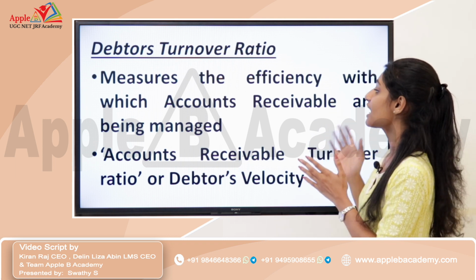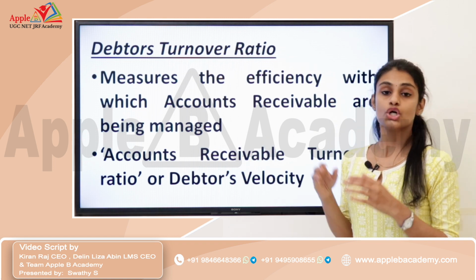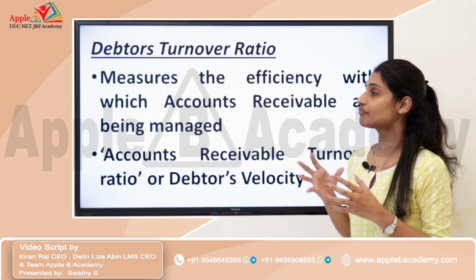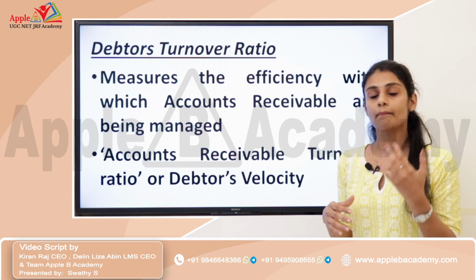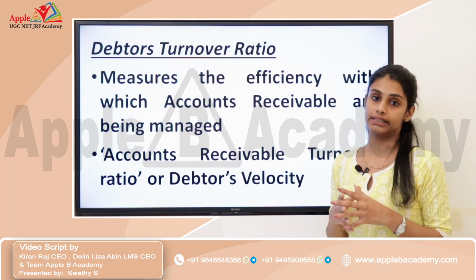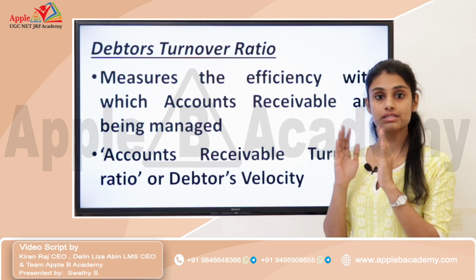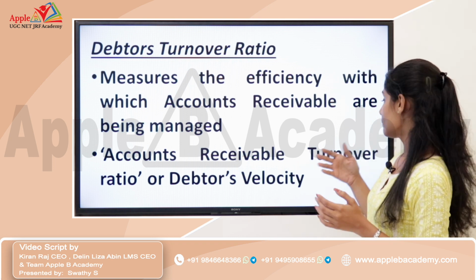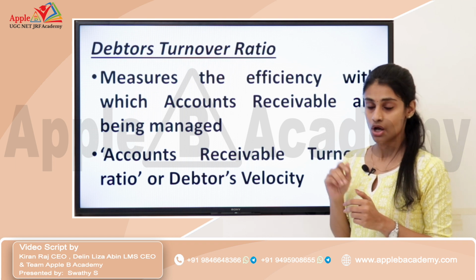It measures the efficiency with which accounts receivable are being managed. With the help of this ratio we measure whether the company is efficient in collecting its dues from the debtors. This is about the management of accounts receivable, so you can call it accounts receivable turnover, or debtors velocity also.